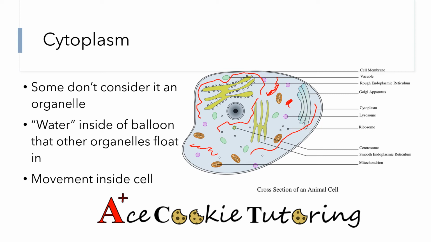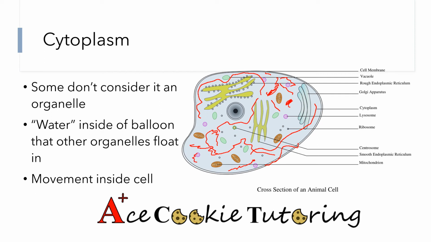Now remember, there's no cytoplasm in a vacuole. So it's just kind of out there floating around, moving around, and it's an important part of the cell. And when I say moving around, I say that because if you had that balloon full of water and you had like little beads inside of that balloon, then those beads would only be able to move around because of the water. Well, cytoplasm is the same way.